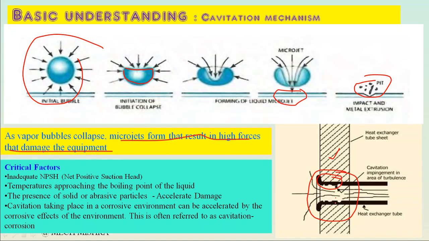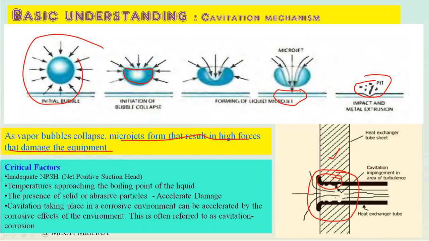So this is the basic mechanism. Now the critical factor is why these bubbles form. First of all we have to understand when a bubble can form: when the pressure of the fluid comes near the vapor pressure of the liquid, then the bubble gets formed.